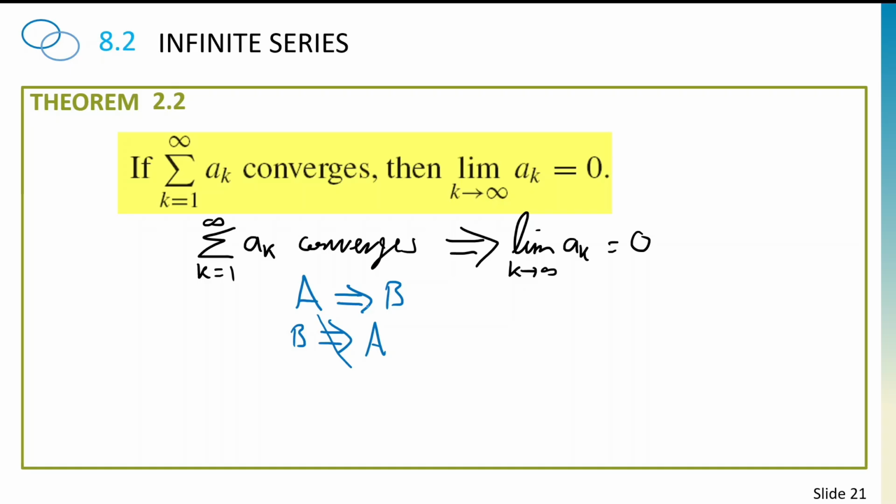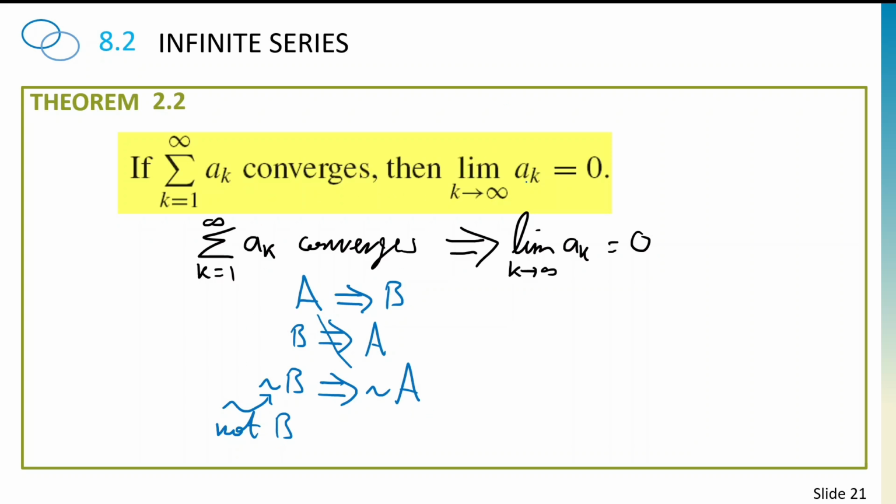But what can we guarantee with this logical statement? If A implies B, it's always true that not B implies not A. I don't know if you saw this notation before, but not B is the negation of B. Okay, let's think about this theorem. What does not B mean?